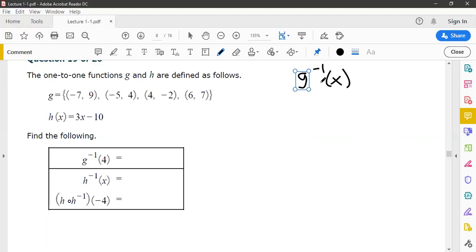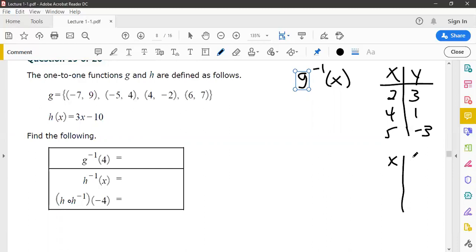Essentially, if you looked at a table of values, and these are just made up values, if the original function had values that look like this, the inverse would mean that the y value changes position with the x.